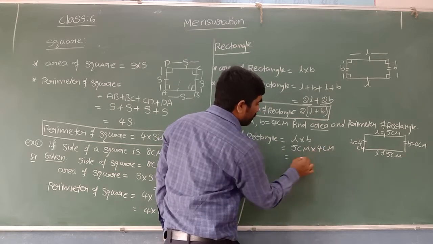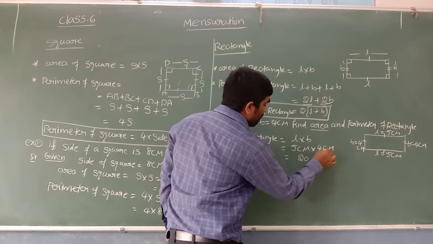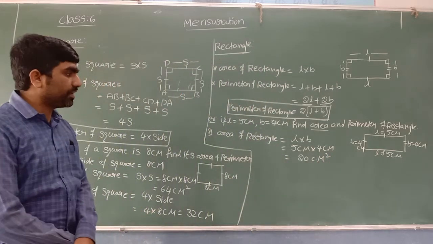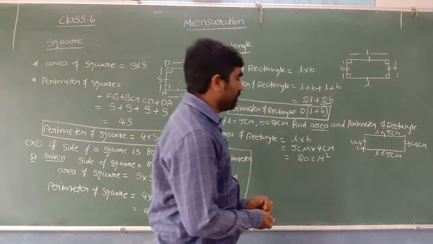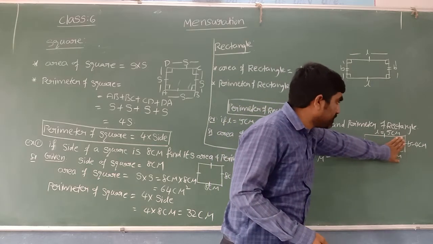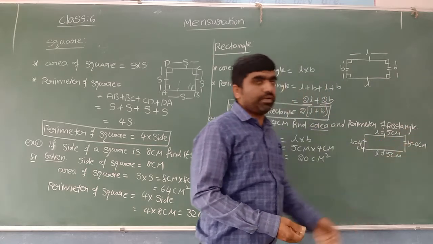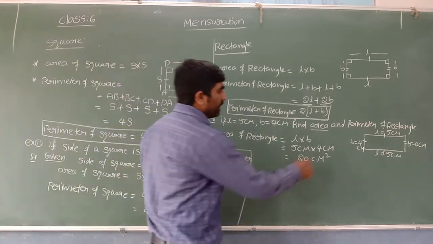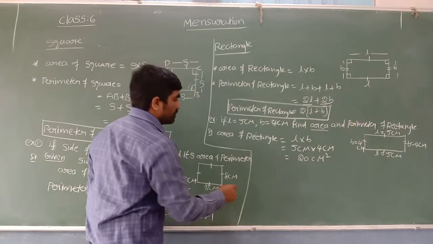So 5 into 4 is 20, and the unit is square centimeters. Area of rectangle is 20 square centimeters. I mean the inside place of this is 20 square centimeters, sorry.